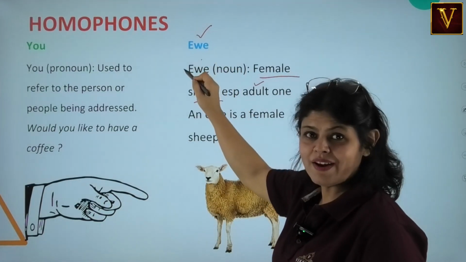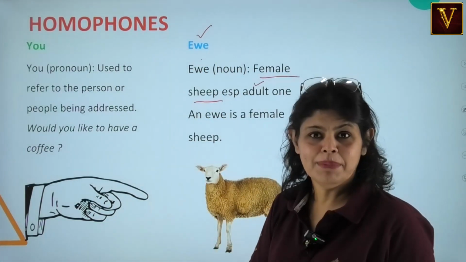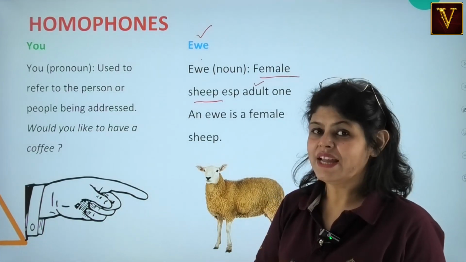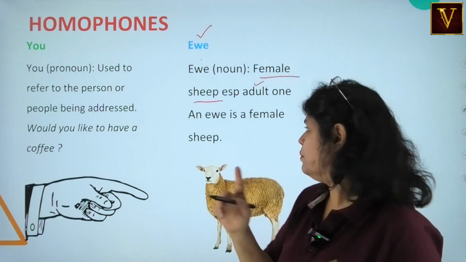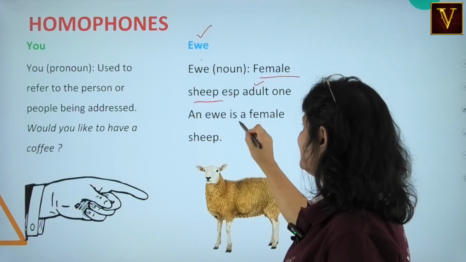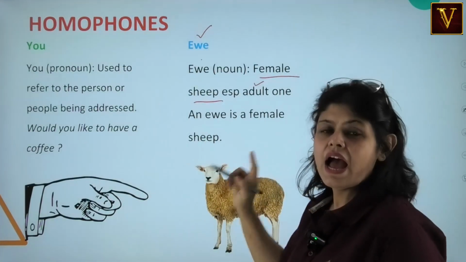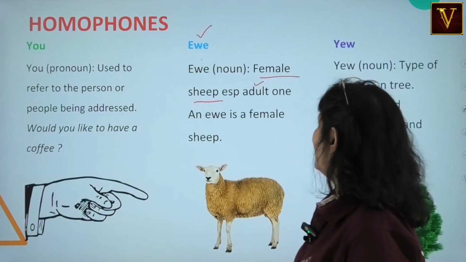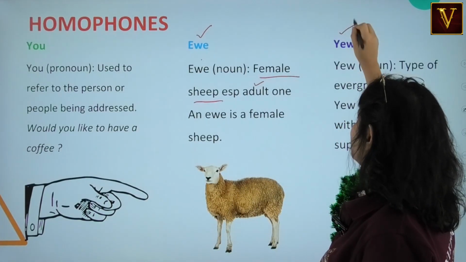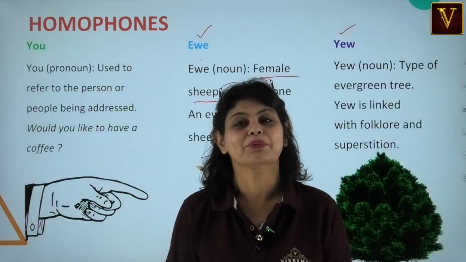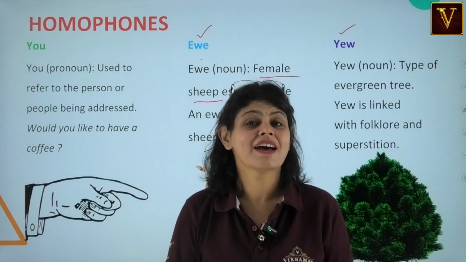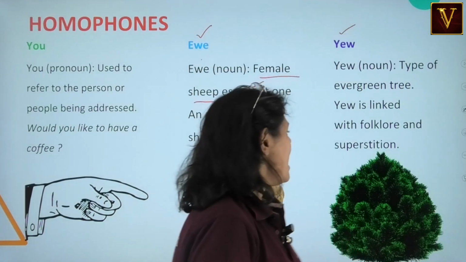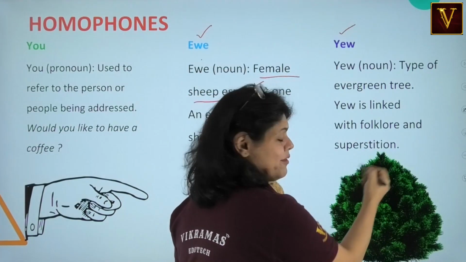You. Though we write E-W-E, ewe is a female sheep, right? Now, another you is Y-E-W.